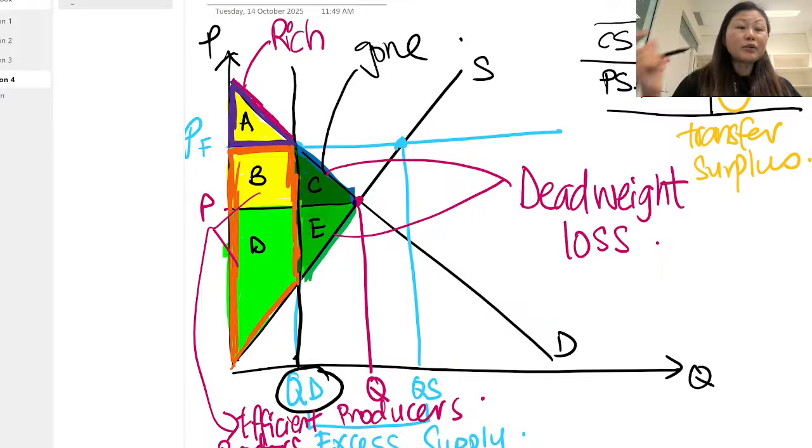Okay, so the producers at the bottom of sector D are the winners because they are selling at a higher price.